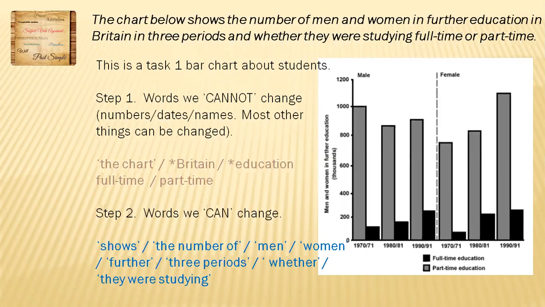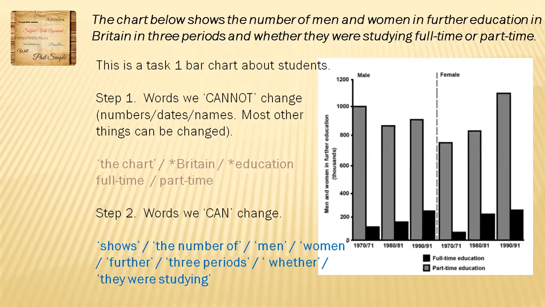Full and part-time, generally, can't be changed because it's just one of those things. We talk about work, we talk about study, we talk about many things. These are the 2 expressions that tell us whether you work 8 hours a day or 3 hours a day. So it's something we don't need to change.